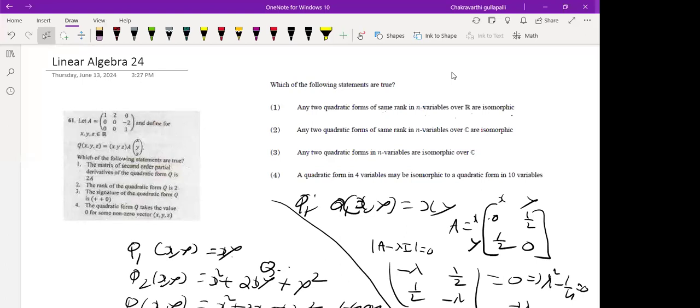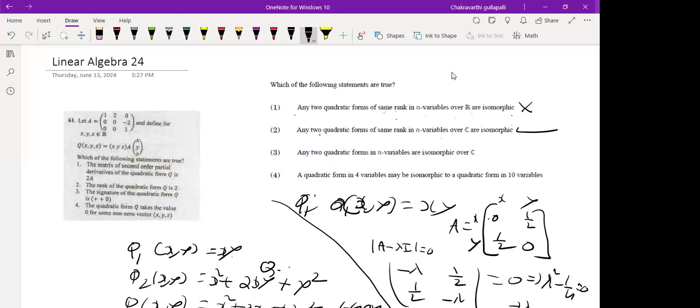When are they said to be isomorphic? Isomorphism and equivalent are the same, remember. They are isomorphic over R provided they have same rank, same index, same signature. But here you only have same rank; the signature and index are not known. Only if those are also the same do we say isomorphic over R. So this is incorrect.